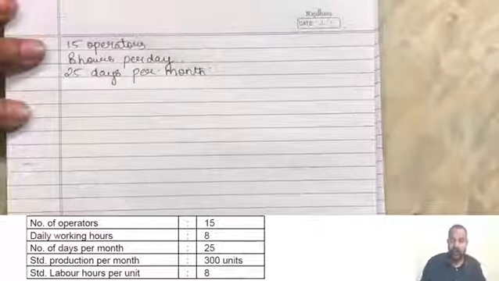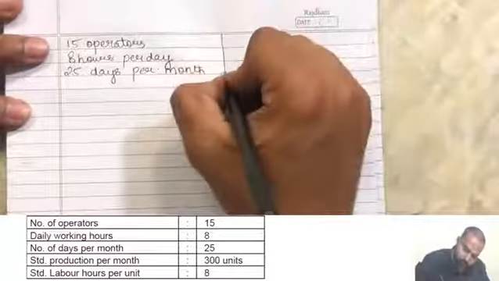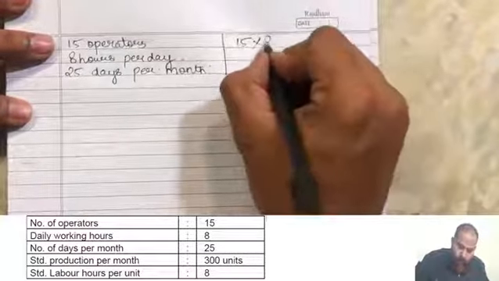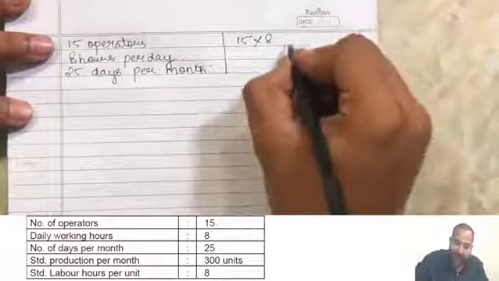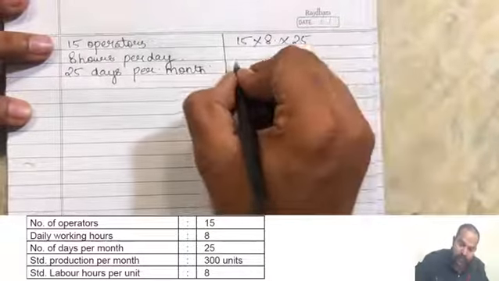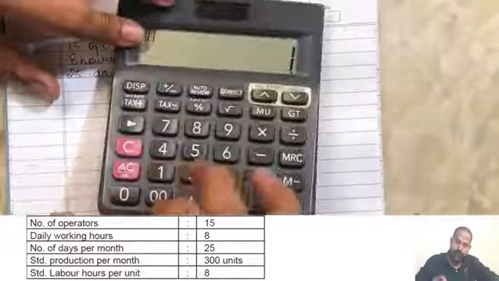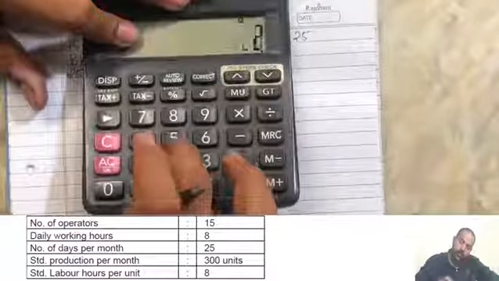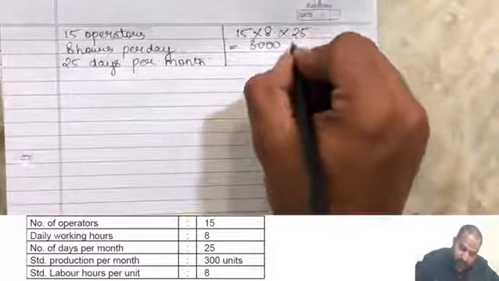Can I find out how many total hours does this become? How? Can I say 15 operators working for 8 hours and working for 25 days is a total of 15 into 8 into 25 is 3000 hours.